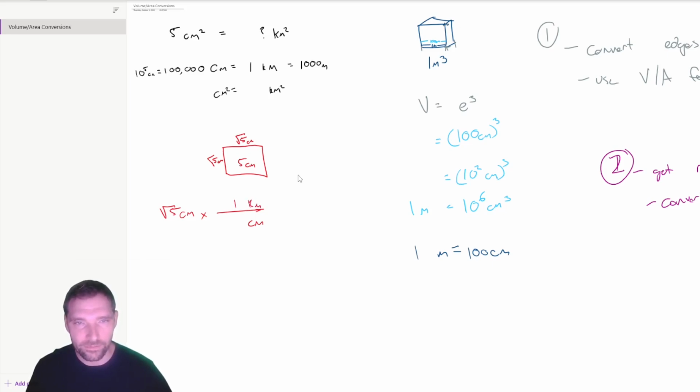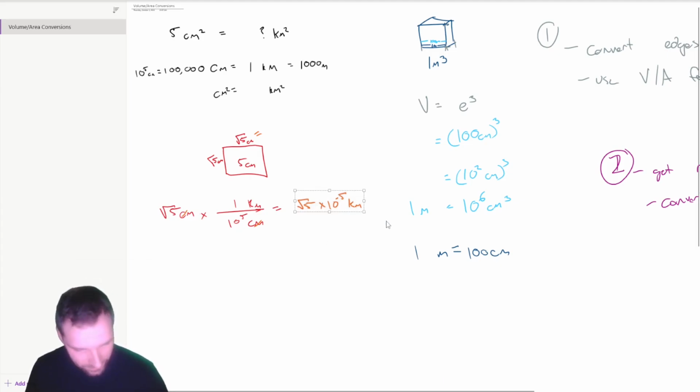And in every kilometer, there's 10 up to the fifth power centimeters. So each one of these edges, in kilometers now, is going to be root 5 times 10 up to the -5 kilometers. So that's what each edge is.